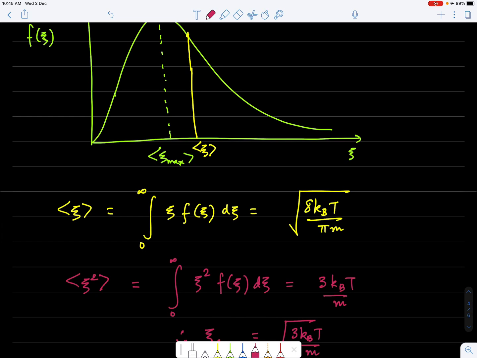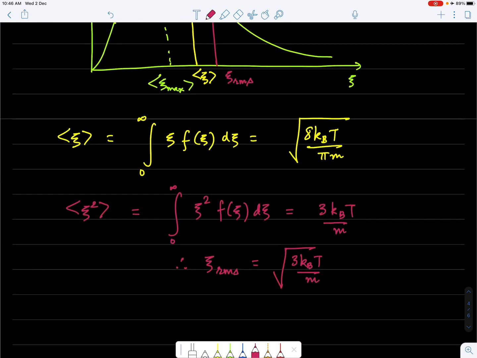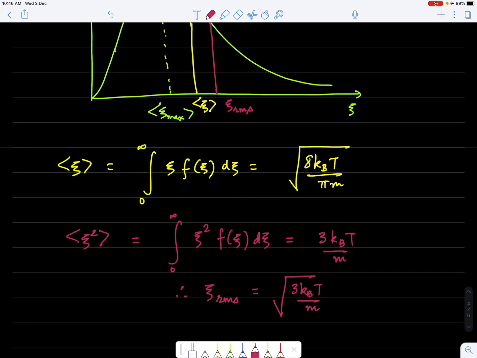I'm doing this for visual clarity; it doesn't mean that it's so far away. So this is how the Maxwell-Boltzmann distribution looks, and these are some of its properties.